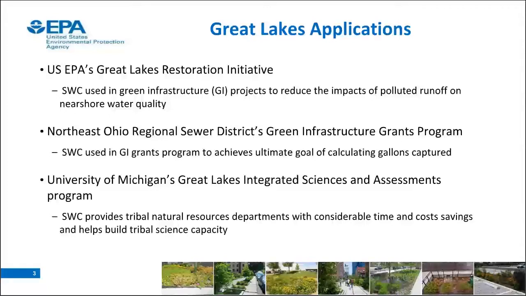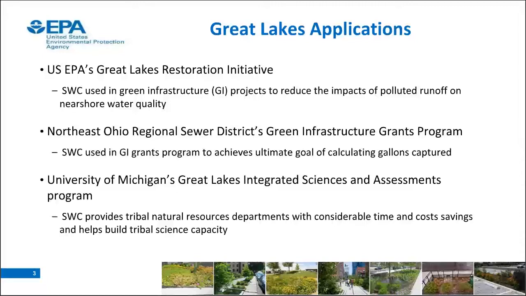As Lisa had mentioned, we are going to go through 3 case studies of how the National Stormwater Calculator is being used in the Great Lakes region. Our partners are going to discuss EPA's Great Lakes Restoration Initiative, a regional programmatic view of how the calculator is being used and promoted.